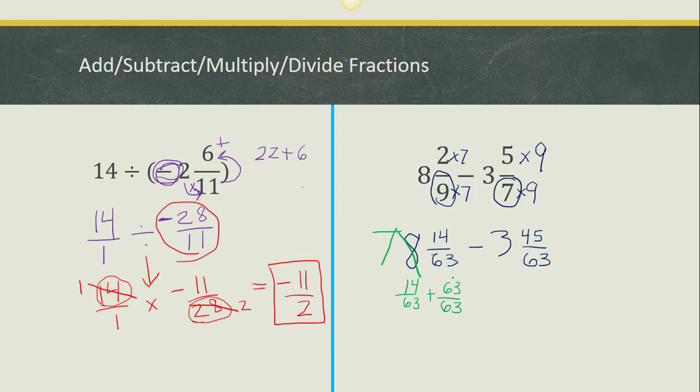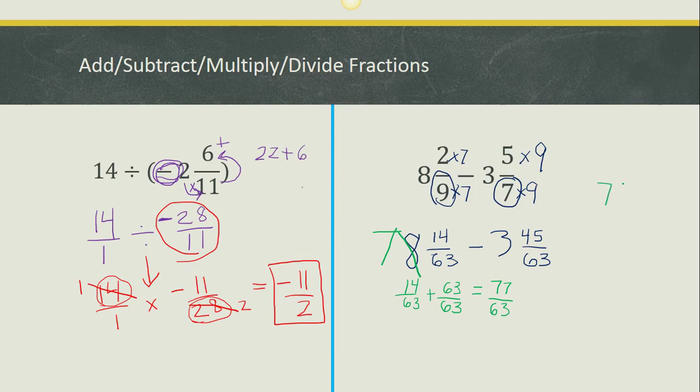Which gives us 7 and 77 out of 63. Okay, now we're ready to subtract these two. I'm going to do it on this side over here.